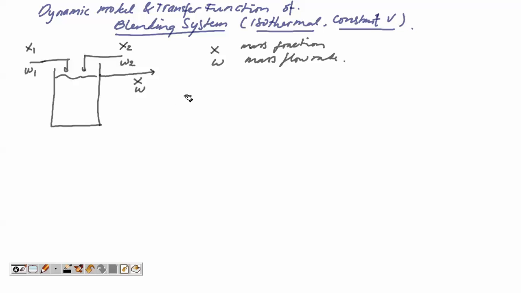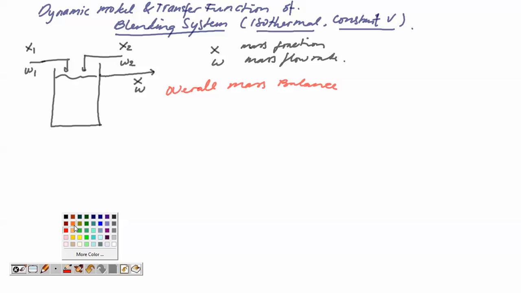For the overall mass balance, the accumulation is 0, so accumulation is input minus output.